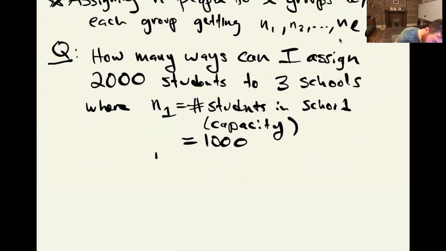The number of students in school 2 is 500. And the number of students in school 3 is also 500.